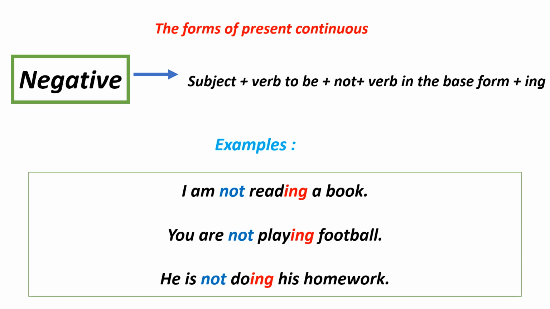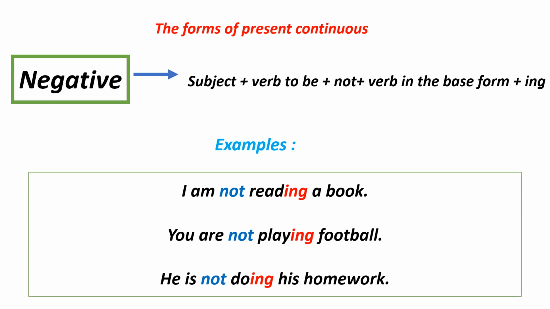For example, I am not reading a book. I, subject, verb to be, and not is the important thing in the negative form. Don't forget it. Read is the verb in the base form, ing, and the book, it's an object.